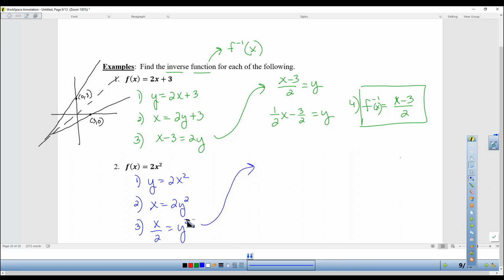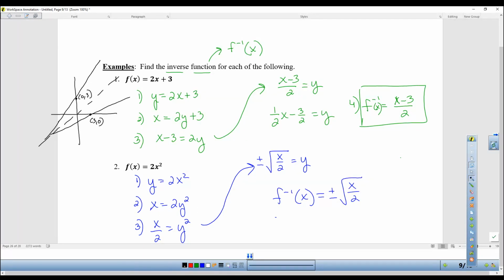What's the inverse function? What do we do to get rid of a y squared? We square root. So the square root of x over 2 is equal to y. So we do get plus or minus, which is not allowed. But we'll talk more about that later. And last step, f inverse of x is equal to plus or minus the square root of x over 2.